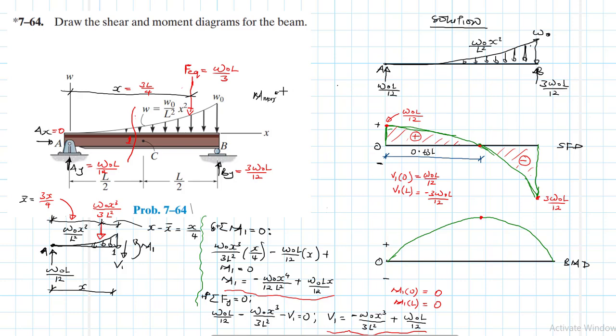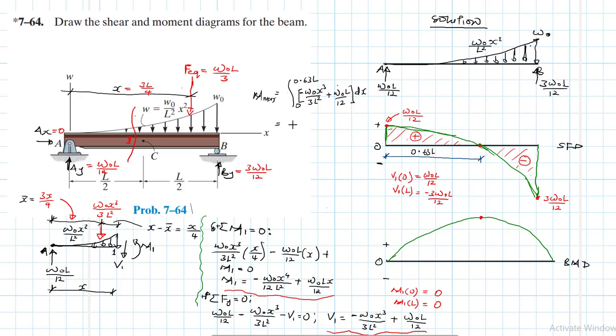M max is going to be equal to, we are now using this left hand side of our shear, from 0 to 0.63 L. So we integrate from 0 to 0.63 L the shear function, which is minus W naught x cubed divided by 3L squared plus W naught L divided by 12 dx.